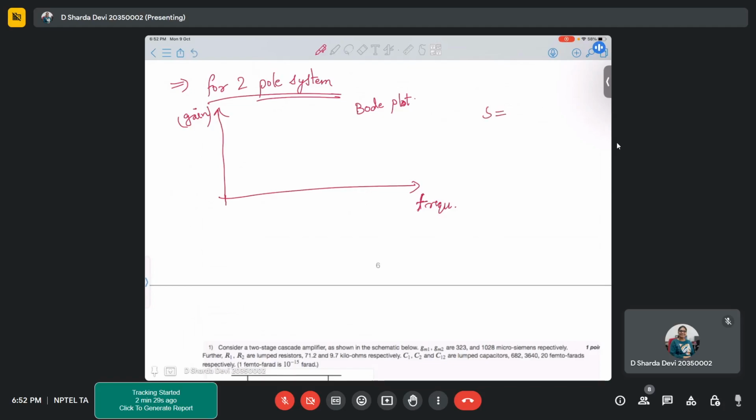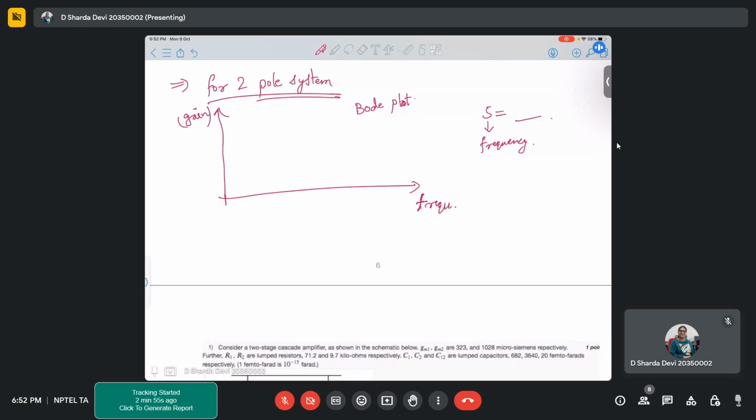How you write your poles and zeros, s equal to something, and this s is a frequency. So it is basically a plot which shows your poles and zeros and how your gain changes with poles and zeros. So that is the idea of your Bode plot. So in this Bode plot, let's say you have a two-pole system.